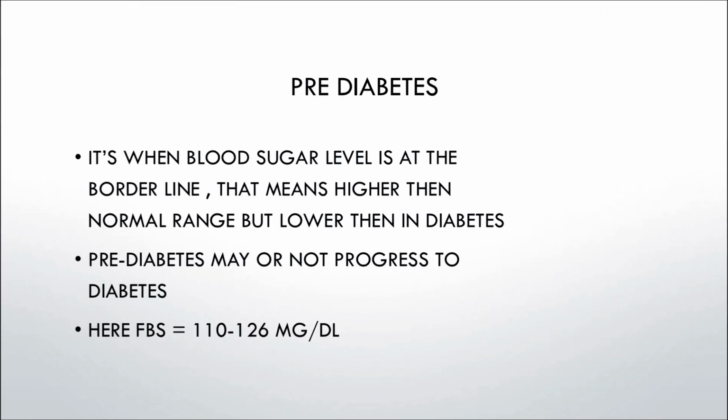Pre-diabetes is when the blood sugar level is at the borderline, higher than the normal range but lower than diabetes. Pre-diabetes may or may not progress to diabetes. Here fasting is 110 to 126 mg per dl.